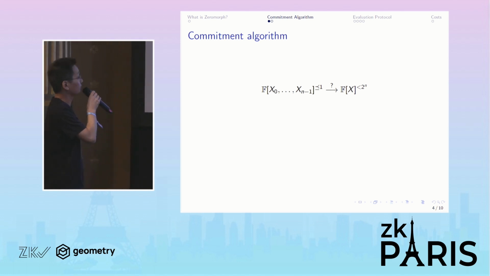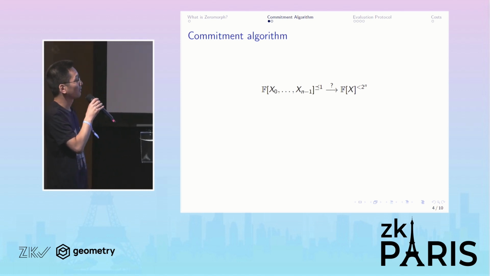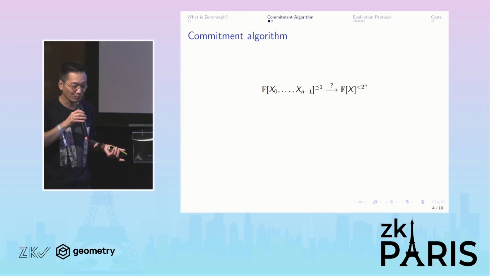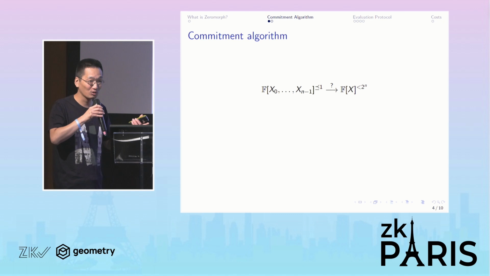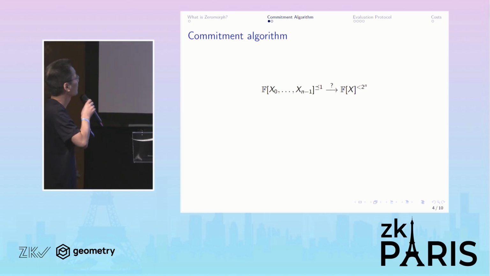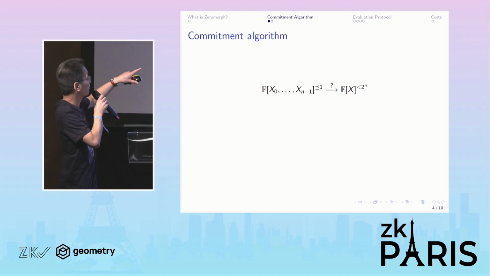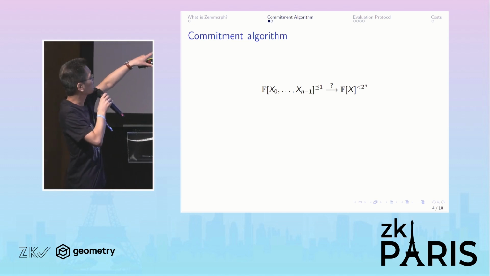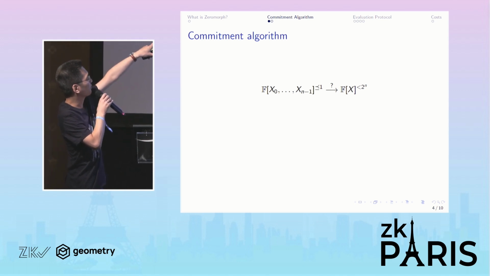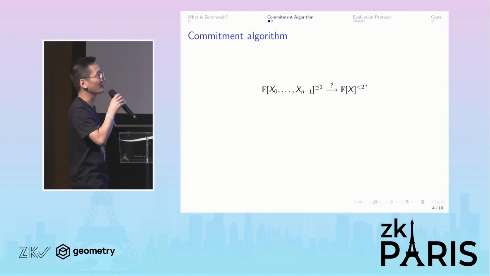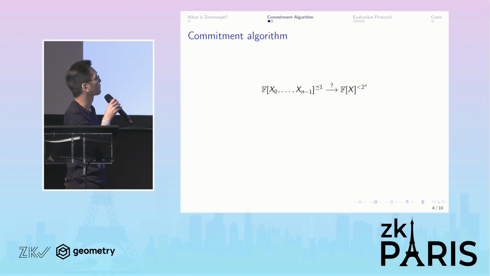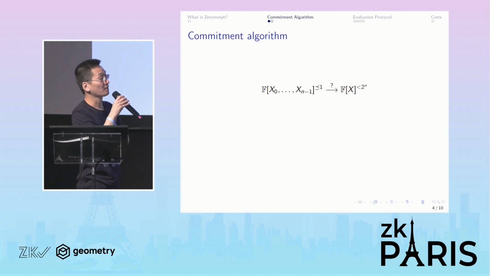So, let's jump into the commitment algorithm. The idea is to convert a multilinear polynomial into a univariate polynomial and commit to it using a univariate commitment algorithm. The source of this map denotes the vector space of multilinear polynomials in n variables, and the target is the univariate polynomials of degree at most 2 to the n.